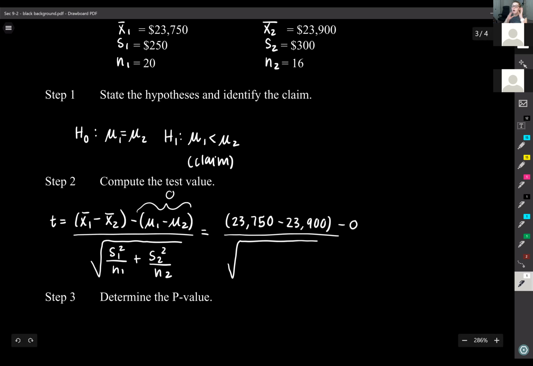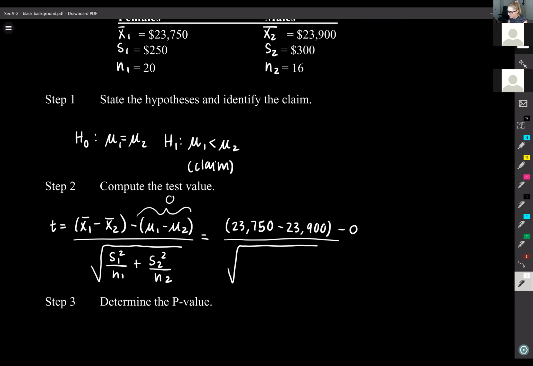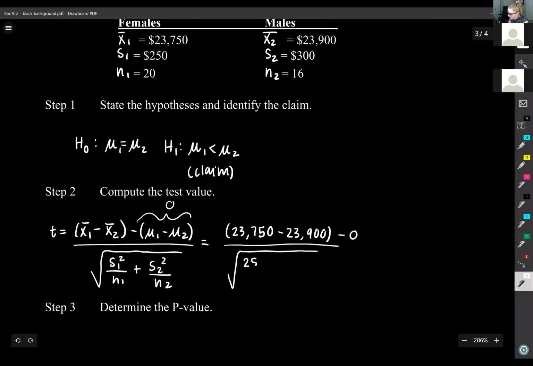I would never just throw something on the exam that didn't use 0 there. That's all I'm saying, is that I would never not teach it and then throw it on the exam. Not cool. So anyways, the standard deviation of our first sample is 250. So we have 250 squared over 20, because the sample size for that one was 20.